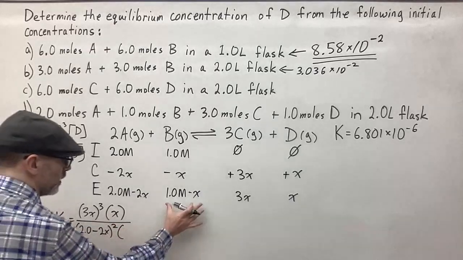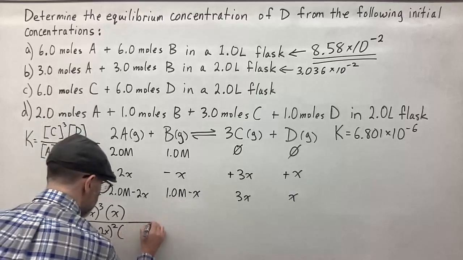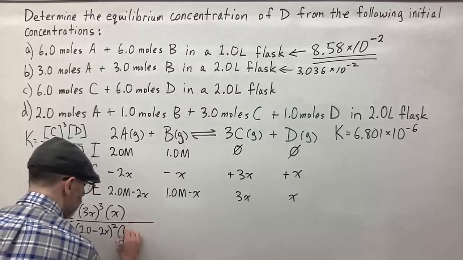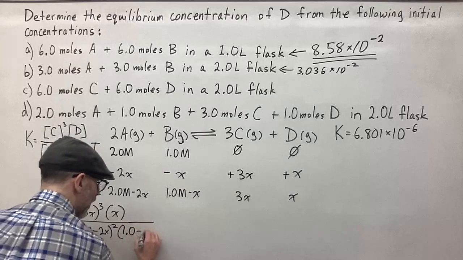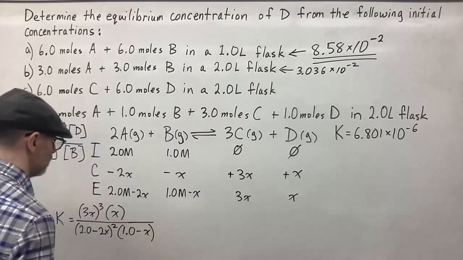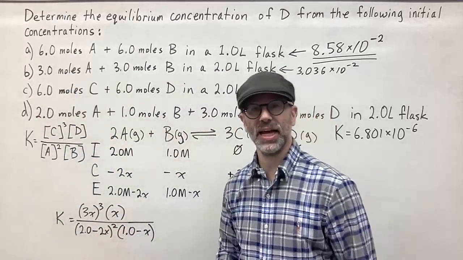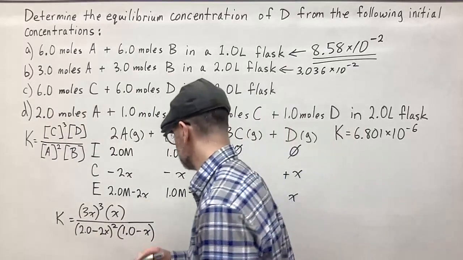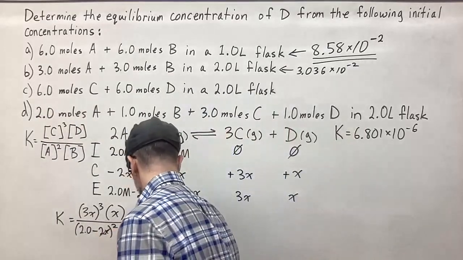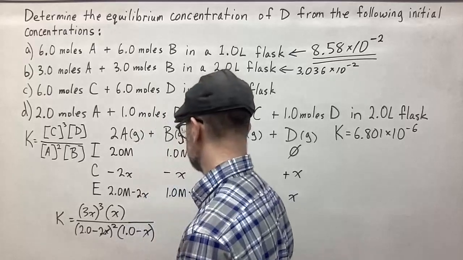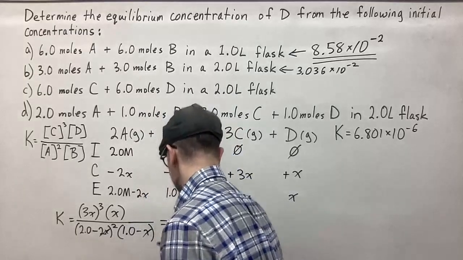And then we're going to multiply that by the concentration of B, which is 1.0 minus x. And once again, we can assume that x is negligible for the same reasons as before. So we can get rid of 2x and x. So then we can simplify this.